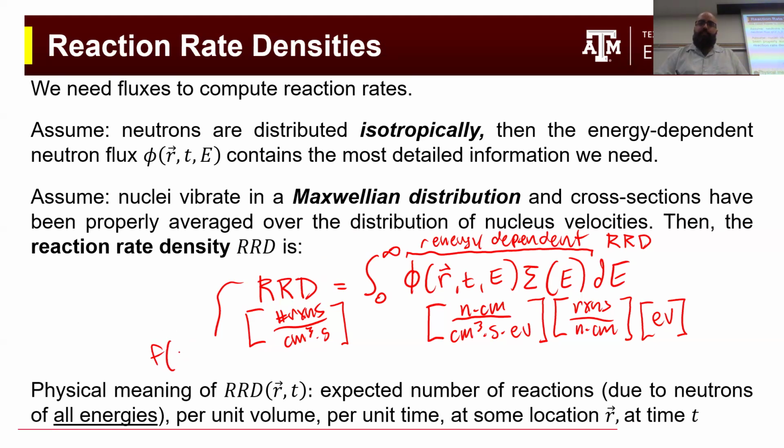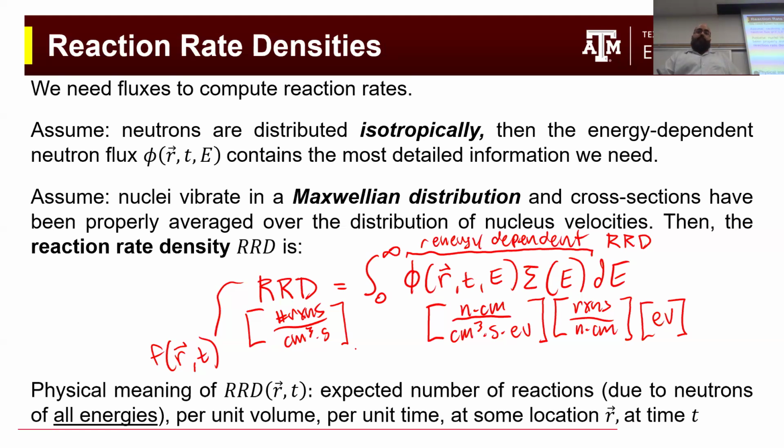That reaction rate density just depends on position and time because we've effectively integrated out all of the energy dependence by taking that energy dependent reaction rate density and integrating over all energies. So that's the fundamental definition of reaction rate density.